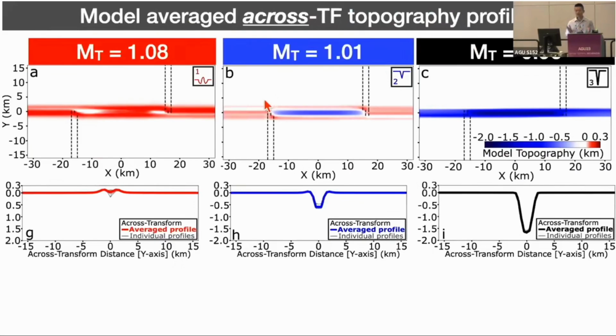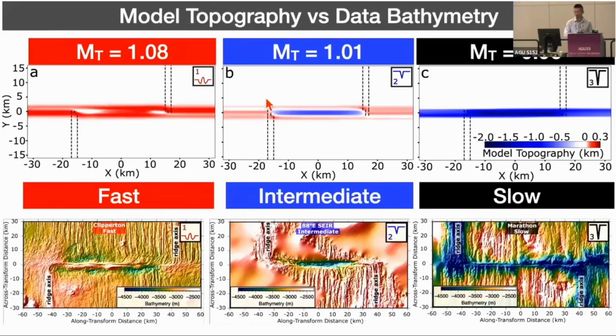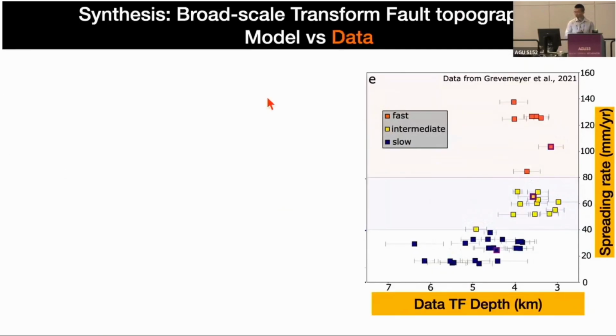Here's a plot of a cross-transform profile, ranging from a topographic high to a small valley to a deep valley. Now let's plot the observations for comparison. As you can see, our model reproduces the first-order features of the topography, ranging from fast to slow.